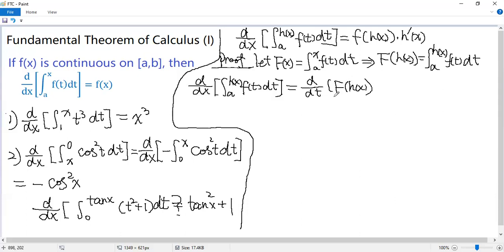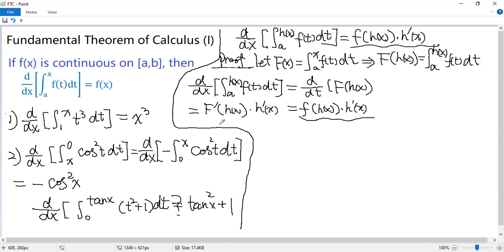At this point, we can use the chain rule. So we get the derivative of the outer function, F prime at h(x), times the derivative of the inner function, h prime x. And we know the derivative of the outer function capital F(x) equals little f. So we get little f at h(x), and then times h prime. So we get the same answer.